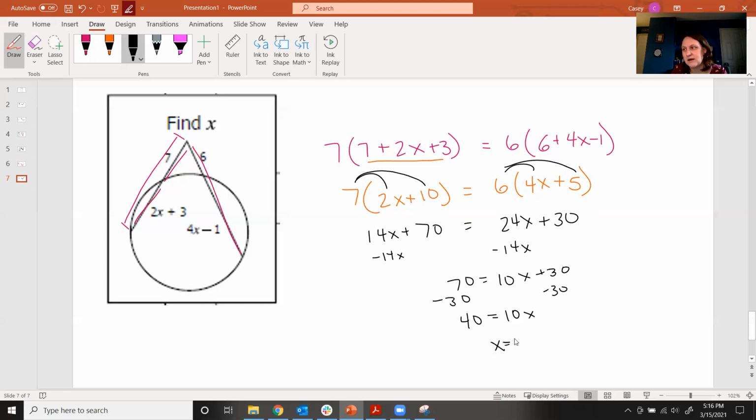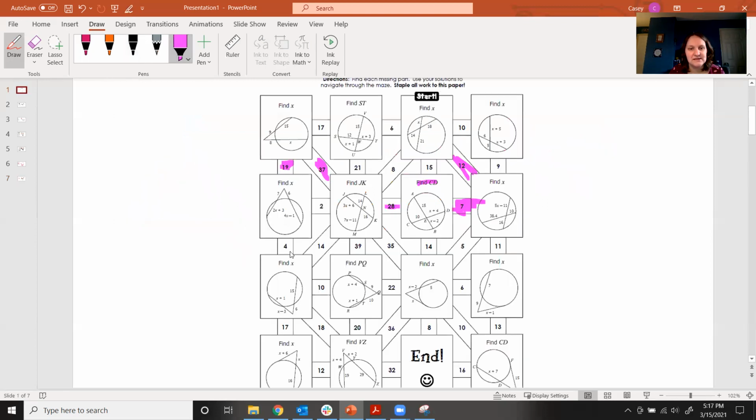Divide by 10. X equals 4. Did you get x equals 4? I hope so. Going back to the maze, that takes us here. And now that takes us to this problem.